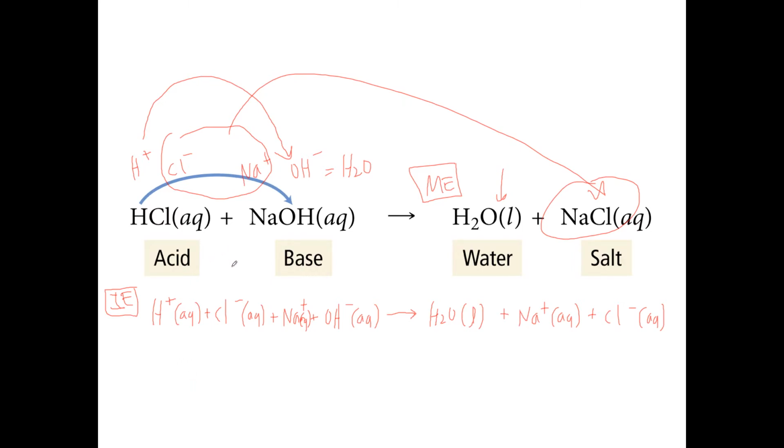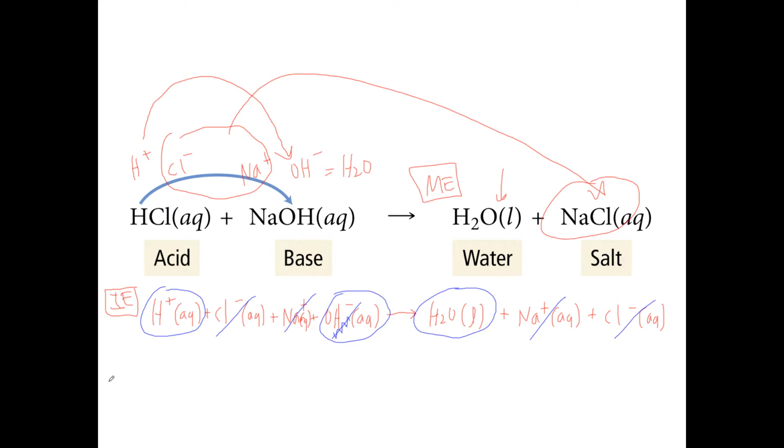Let's go pen color blue. And let's get rid of the spectator ions. Sodium doesn't do anything. Look at that. Spectator. Oops, that's not a spectator. There's no hydroxide over here. But chloride is a spectator. So here's the non-spectator. Here's the real actors. See, everything's either circled or crossed off.